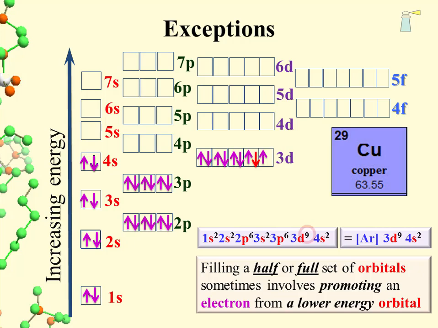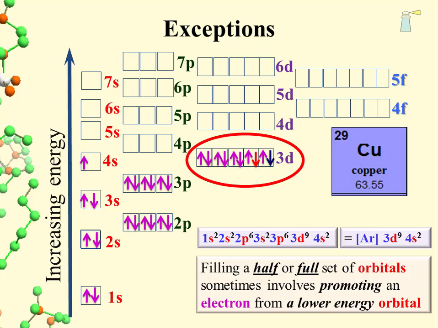For copper, a survey of this electronic configuration shows it to have 9 electrons in its 3d orbitals. It is 1 electron short of having 10 electrons and filling its 3d orbitals. What it does is take one of the 4s electrons and move it into the last of the 3d orbitals, thereby completing the set of 3d orbitals.